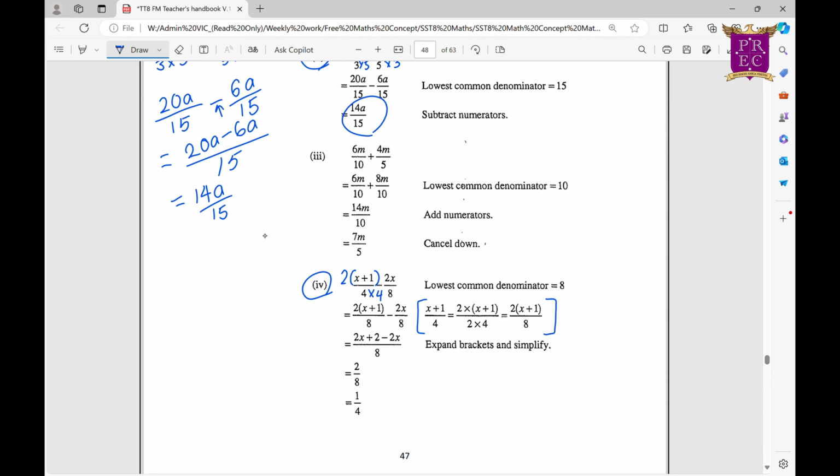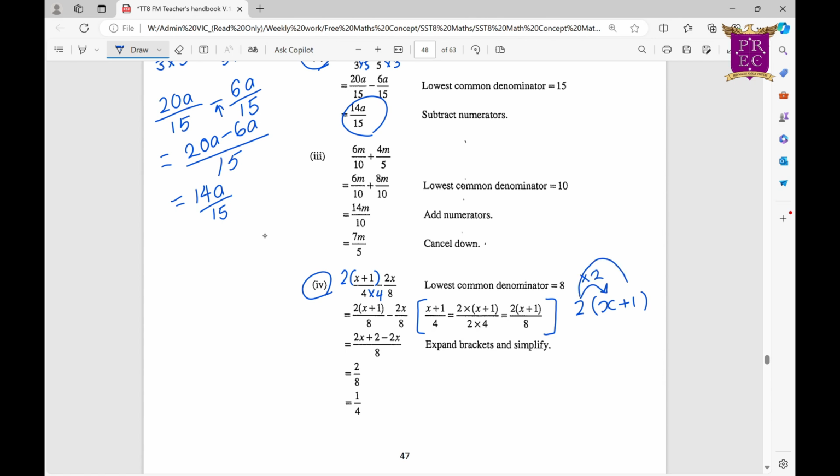And how you expand brackets, if you need a refresher, is you just multiply like so. That is times 2, and so that just becomes 2x plus 2. And also be aware of any signs, like for example, if this was not a plus, it was a minus, then this would be a minus 2, not a plus 2.